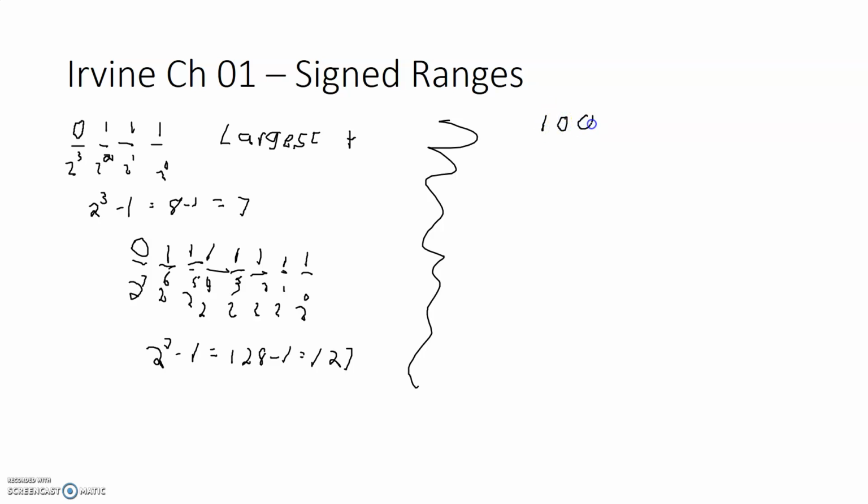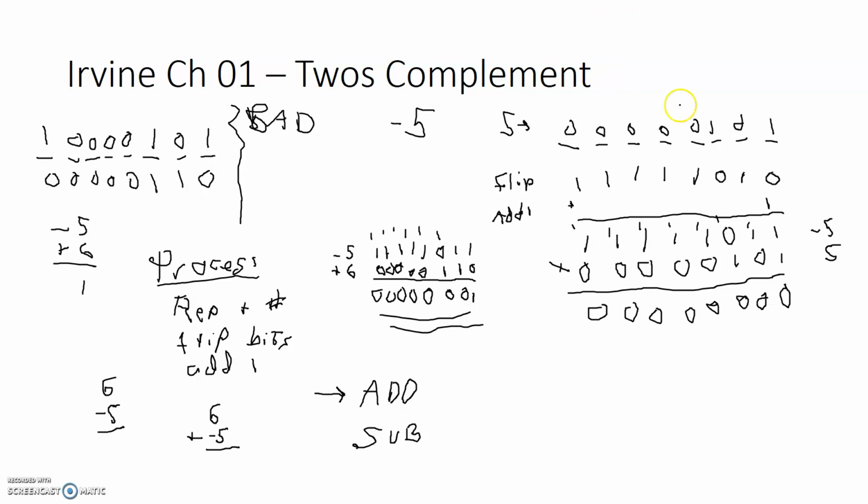If we have as a 4-bit number this, and this 1 indicates that it is a negative, let's figure out what this is. If this is our negative number, let's use the 2's complement process on it to see what it's a negative number of. Suppose we were given this as our starting number, and we wanted to know what it is. If we flipped the bits and added 1, we would come back to what our 5 was.